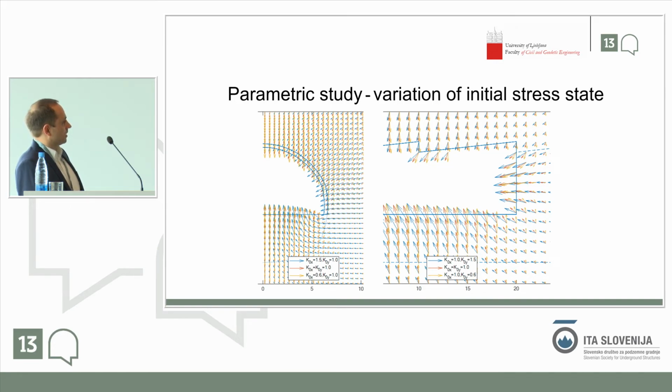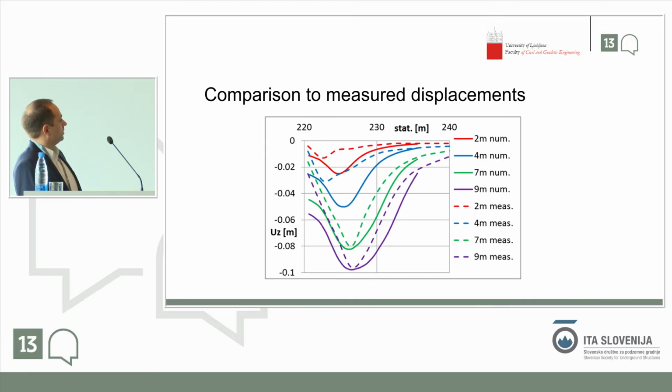And here we can see that the change in initial stress results in considerable changes in the direction of these displacement vectors, and higher values of initial stress result in higher displacements in the horizontal direction, both in transverse and longitudinal direction.